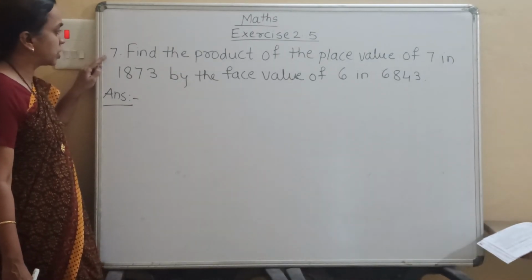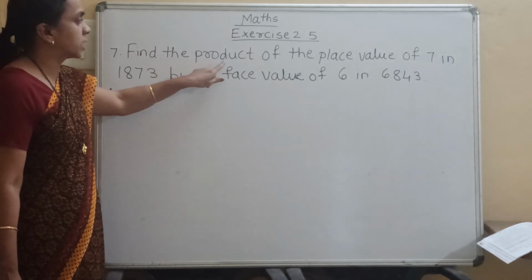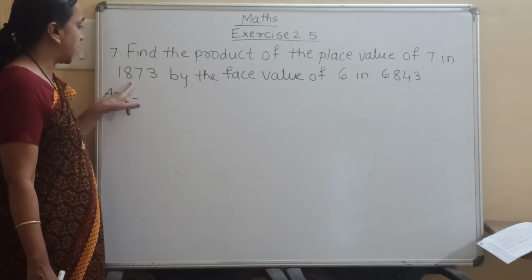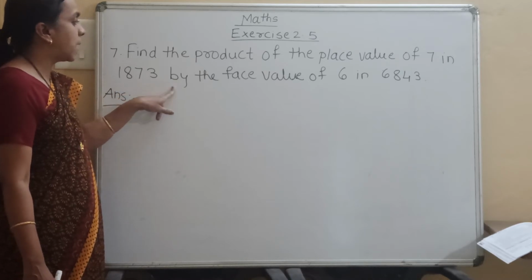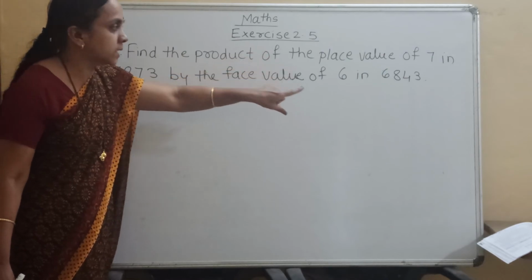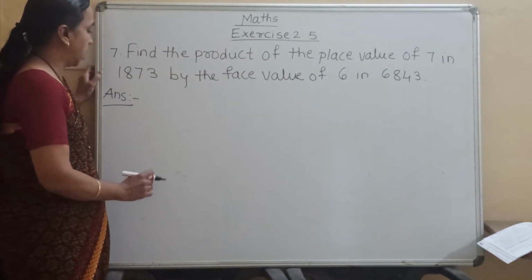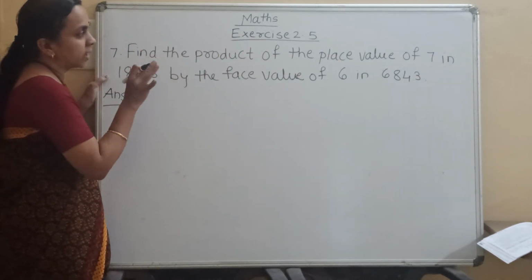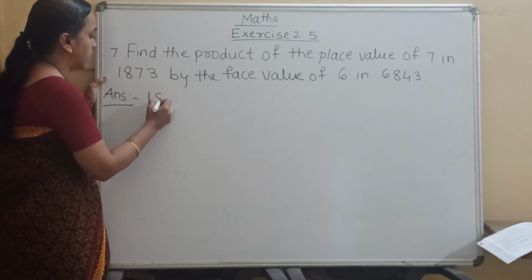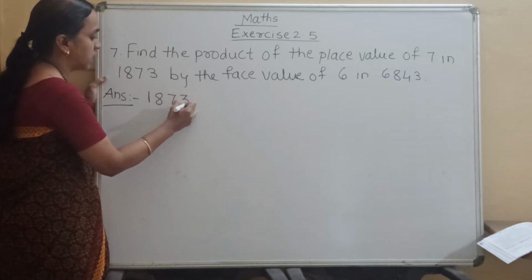Now see 7th question. Find the product of the place value of 7 in 1873 by the face value of 6 in 6843. So first we will find out the place value. First we will write this number 1873.